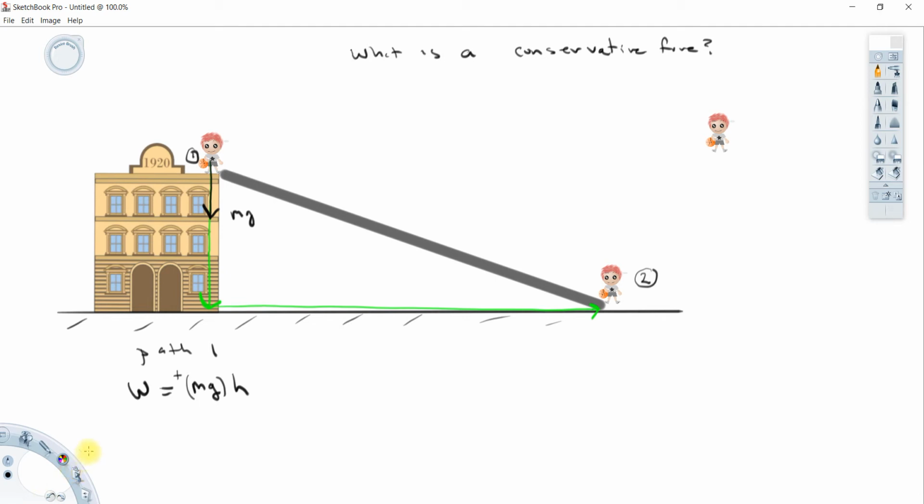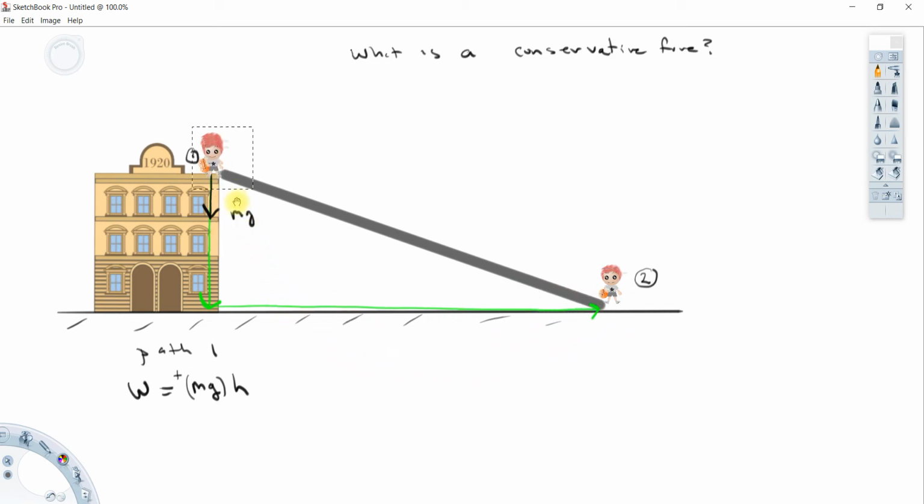Now, as Timmy moves along this path here, I'll kind of simulate that. So as Timmy's kind of walking along, the gravitational force is still straight down. So gravity doesn't do any work along this path. So again, let me recap.